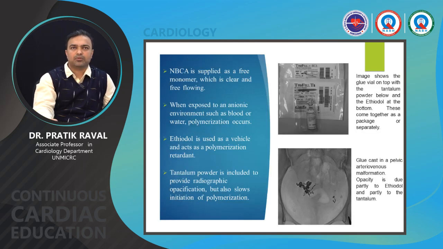The NBCA is supplied as a free monomer which is clear and free flowing. When this NBCA is exposed to anionic environments such as blood or water, the monomer starts polymerizing and forms a permanent glue. Ethiodol is used as a vehicle agent and it also retards premature polymerization. Tantalum powder provides radio opacity and also retards the polymerization.